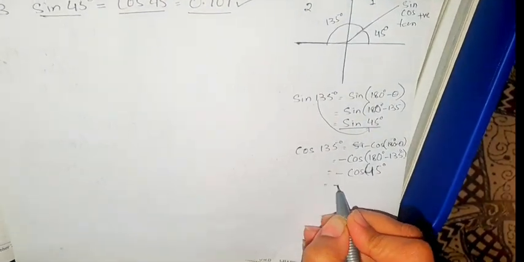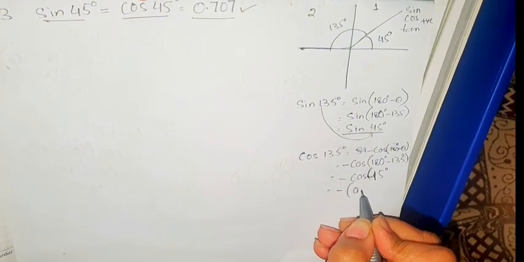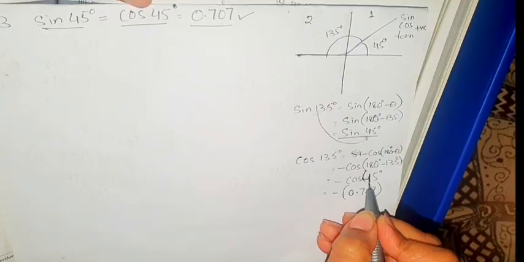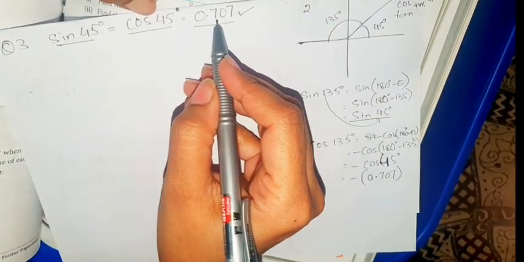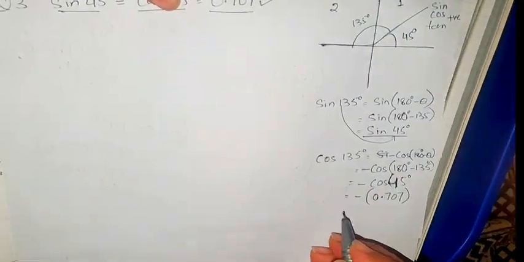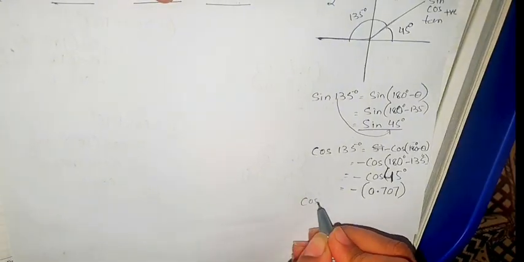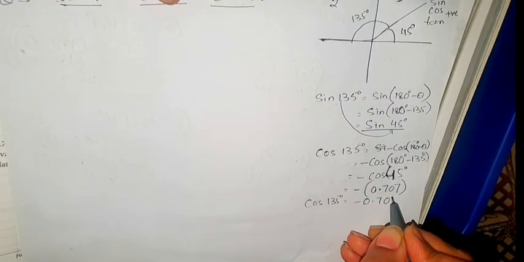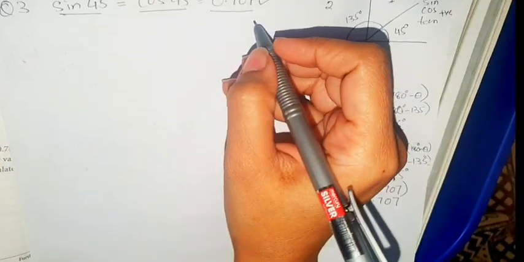I am taking the minus outside, so cos 135 equals minus 0.707. Now we have all values.